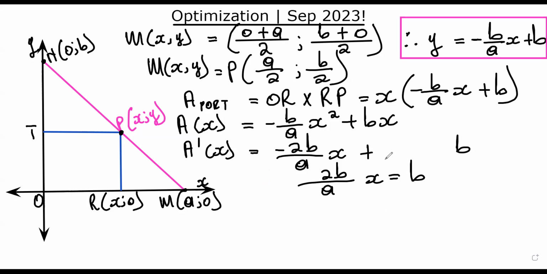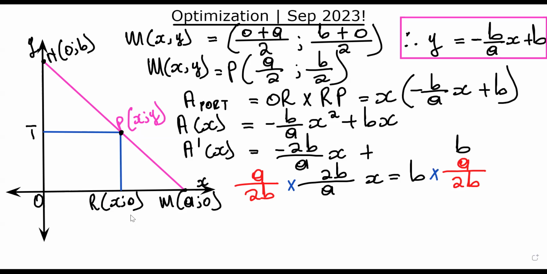And in order to solve for x, we can either divide both sides by 2b over a, or we can multiply by the reciprocal, which is just going to be a over 2b, right? Yes, we can do that.